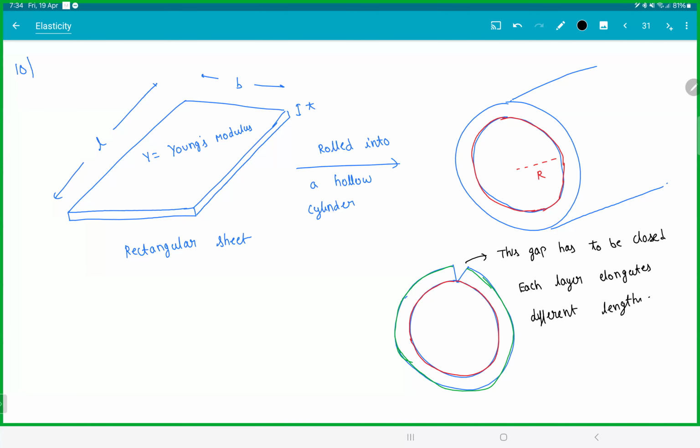So find the work done. How much work should you do in order to make this into a cylindrical thing? Find the work done to convert the rectangular sheet into a cylinder.